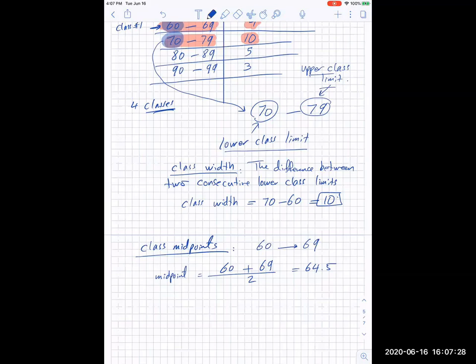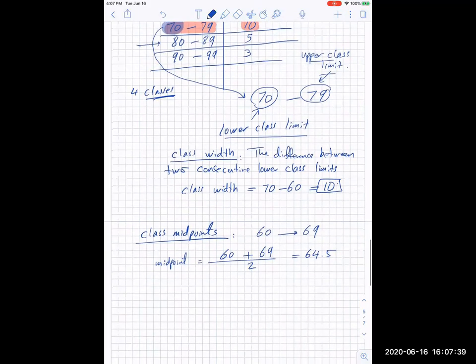So let's say this third class here, the lower limit is 80, the upper limit is 89. Okay, thank you. No problem. So guys, if you focus on one class and look at the limits, you take the upper limit and the lower limit, you add them, you divide by 2, you get your class midpoint.